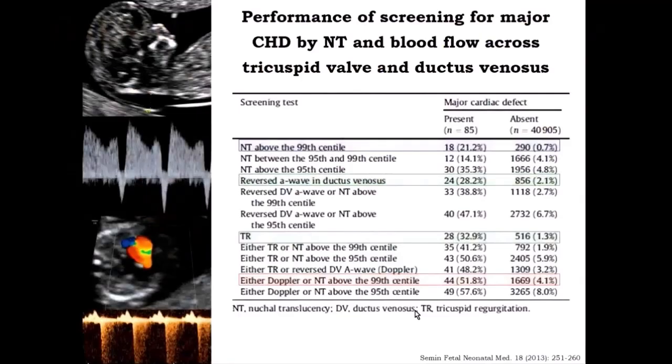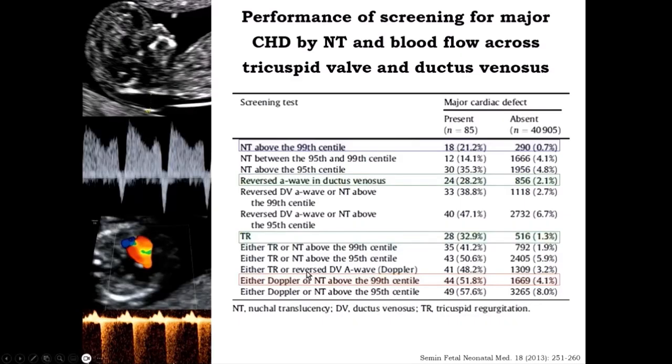Looking at those parameters and putting them all together, here is the performance of the screening for the major cardiac anomalies, which can be estimated individually on a case-by-case basis. If we screen by the nuchal translucency alone, we will detect about 20% of all major cardiac anomalies.